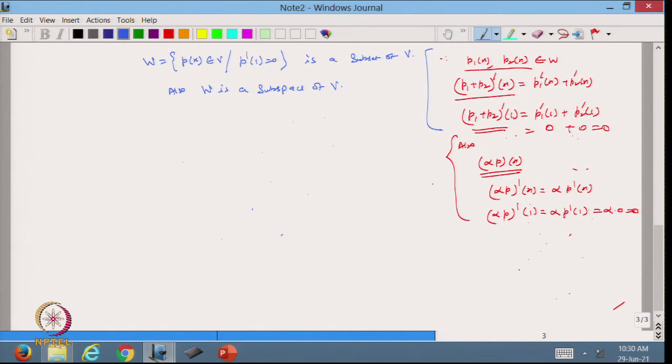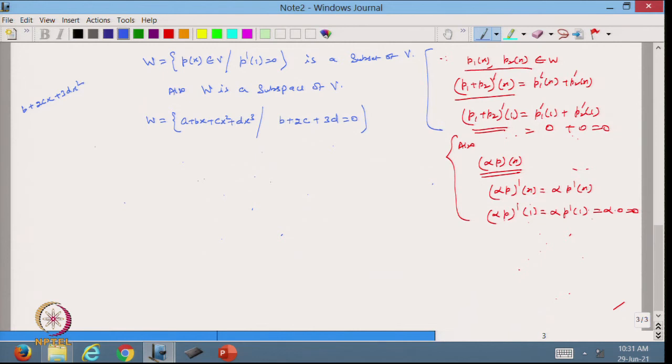So, from here I can write my W as the set of polynomials a plus bx plus cx square plus dx cube, such that if I take the derivative of this one, then it will be b plus 2c plus 3d equal to 0, because the derivative will be b plus 2c x plus 3d x square.